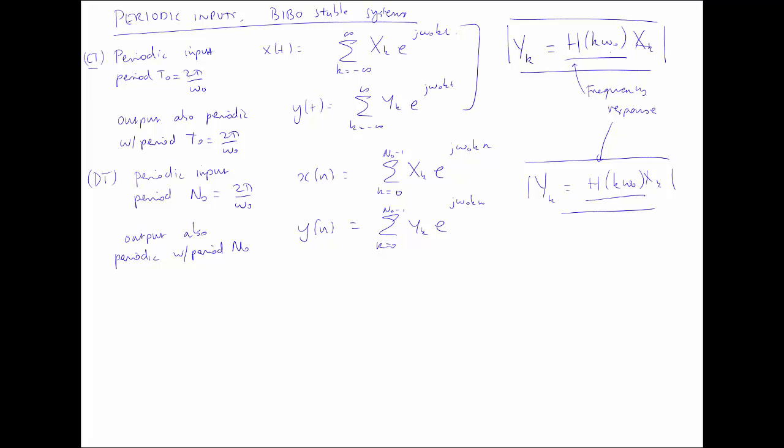And we've seen an input-output formula for aperiodic inputs and not necessarily BIBO stable systems in continuous time using the Laplace transform of the input and the output and relating those to the transfer function.